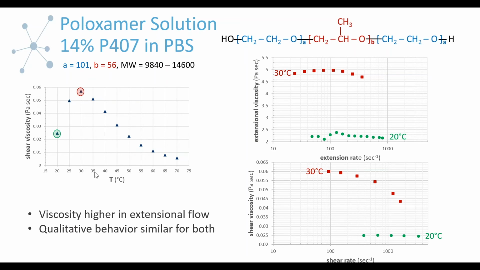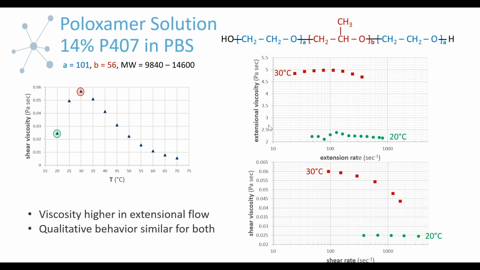If you look at the shear viscosity as a function of temperature, in this temperature sweep from 20 up to 70 degrees C, we can see that as we go from 20 to 30, we hit a maximum in the viscosity. So I wanted to see the shear versus extensional viscosity at 20 C and 30 C.